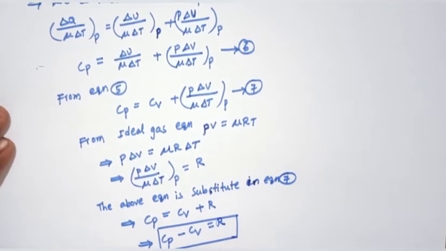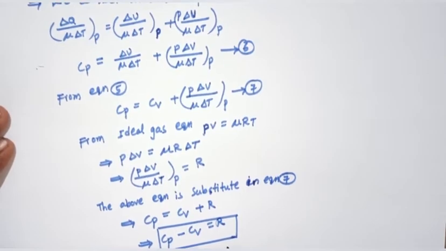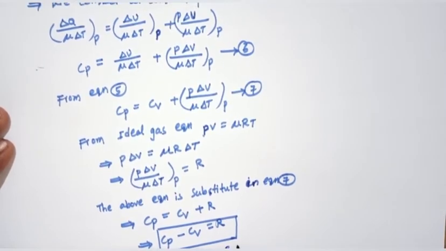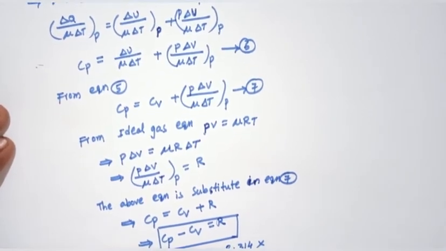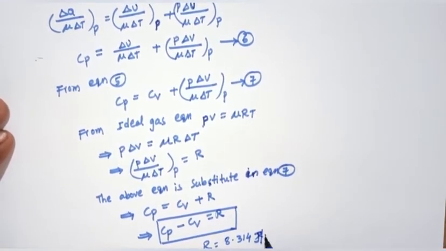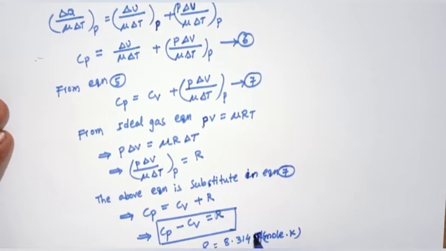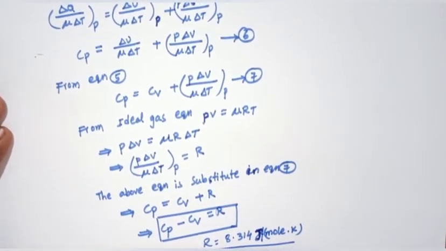The value of R is 8.314, or 8.3 only, joule per mole per Kelvin. So this is the gas constant.